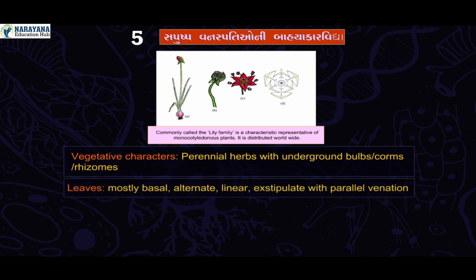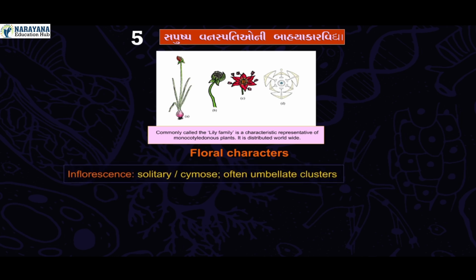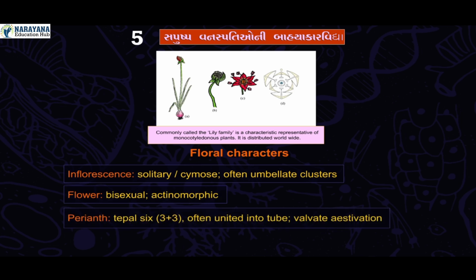Leaves mostly basal, alternate, linear, exstipulate with parallel venation. Floral characters: inflorescence solitary or cymose, often umbellate clusters. Flowers bisexual, actinomorphic, perianth tepals 6, 3 plus 3, often united into tubes.